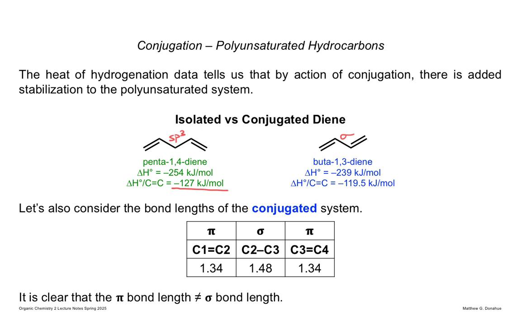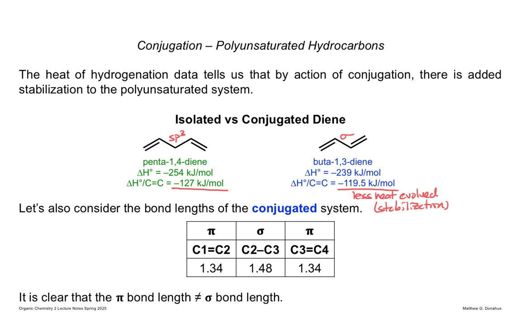But now when they're conjugated, there's less heat evolved. And so that indicates stabilization. And again, the word we use for that now is just called conjugation.